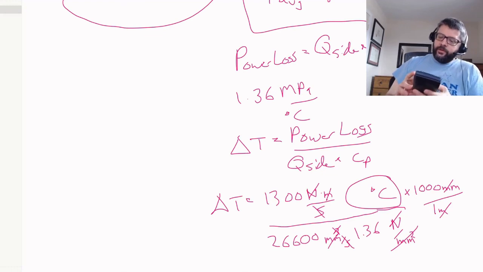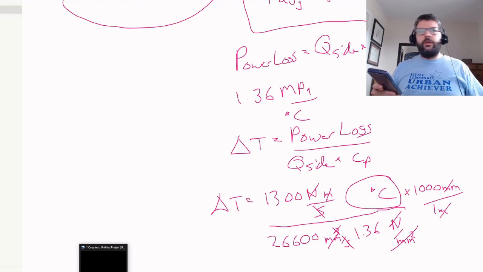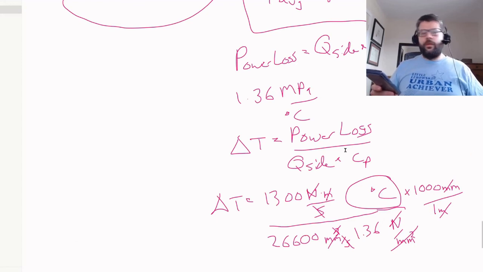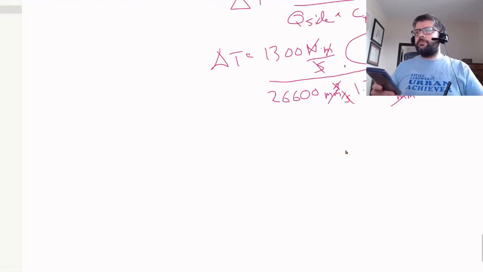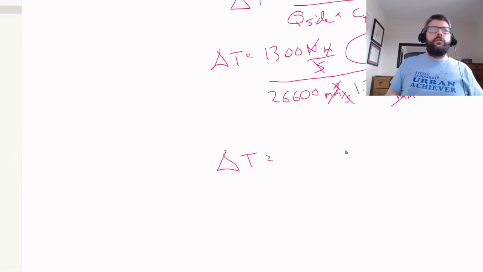So 1300 times 1000 divided by 26,600 times 1.36 gives us a delta T of 36 degrees Celsius.